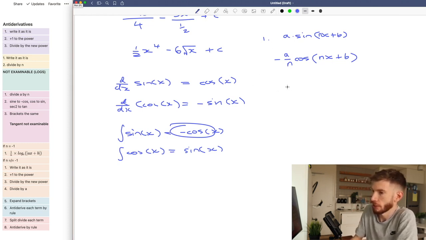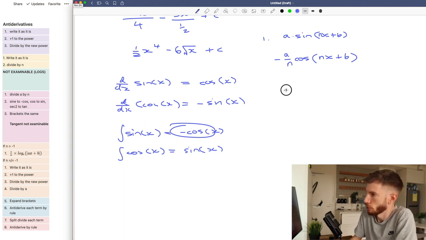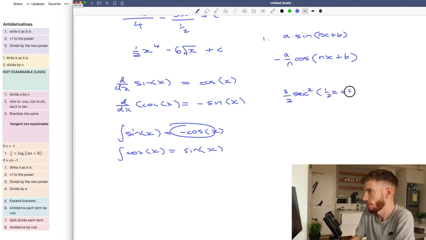Again, if we were doing something like secant squared of x, we know that the derivative of tan becomes secant squared of x. So it works the same way. You just have to know that secant squared antiderives back to tan. So if you had, let's do a more complicated one, 3 on 2, and then we'll do secant squared of half x plus 3.